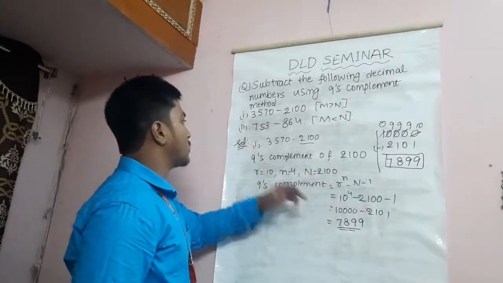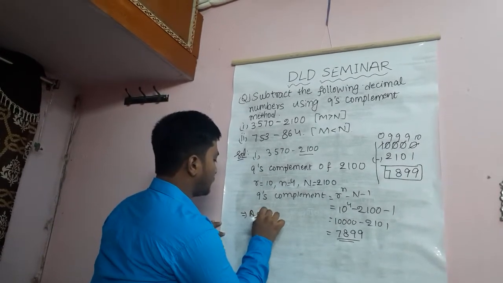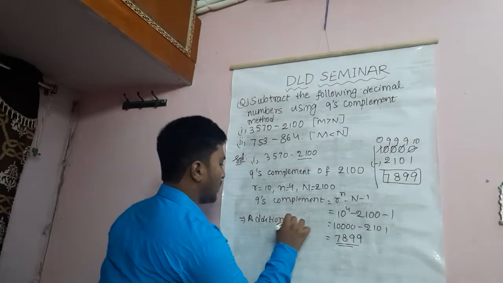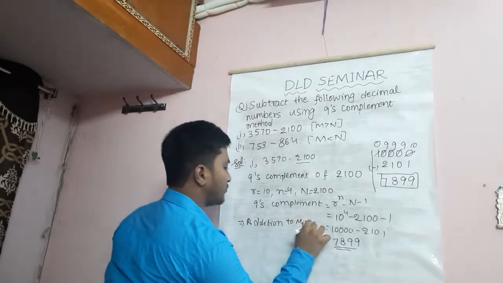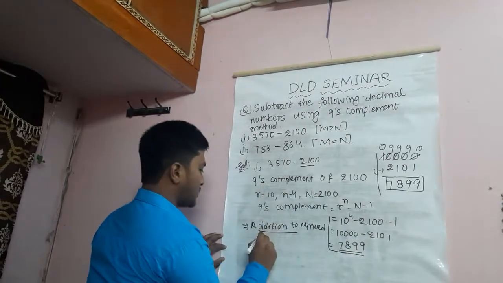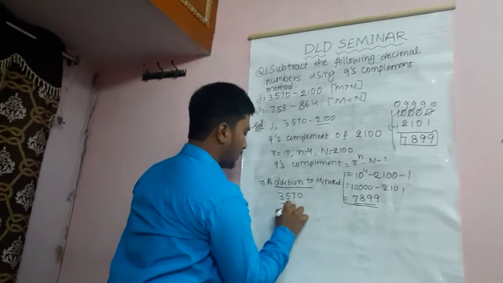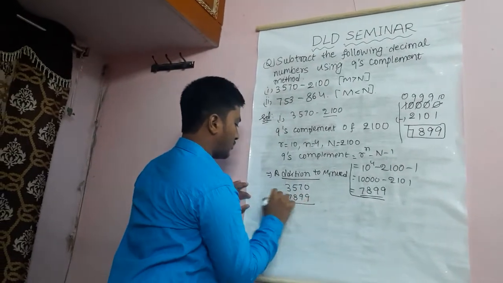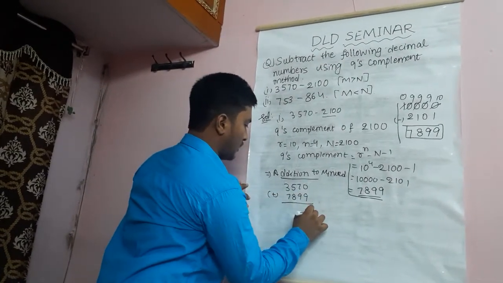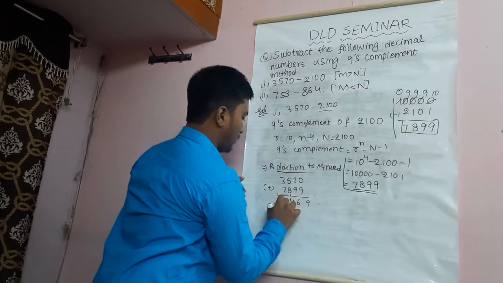Now we should add this to the minuend. So adding, addition to minuend. So the minuend is 3570 and this one 7899. 9, 16, 14, 11.